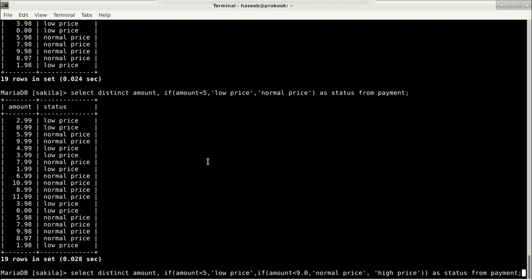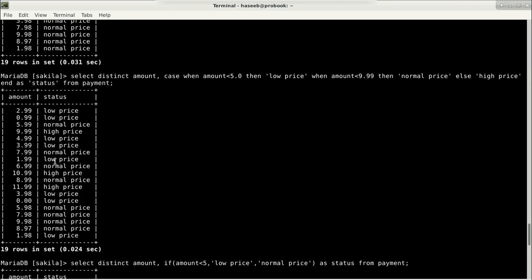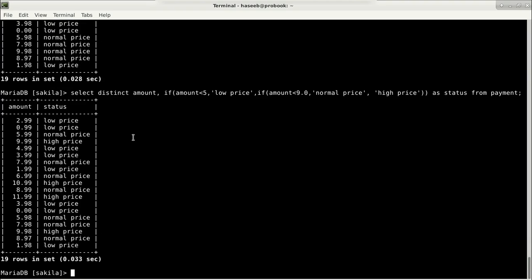So I have written an if in another if. This is just like we write in Excel. There is no difference between this syntax and the syntax we write in Excel. Now this answer and this answer are exactly the same. So this is how you can display an output on the basis of a condition inside the select statement.